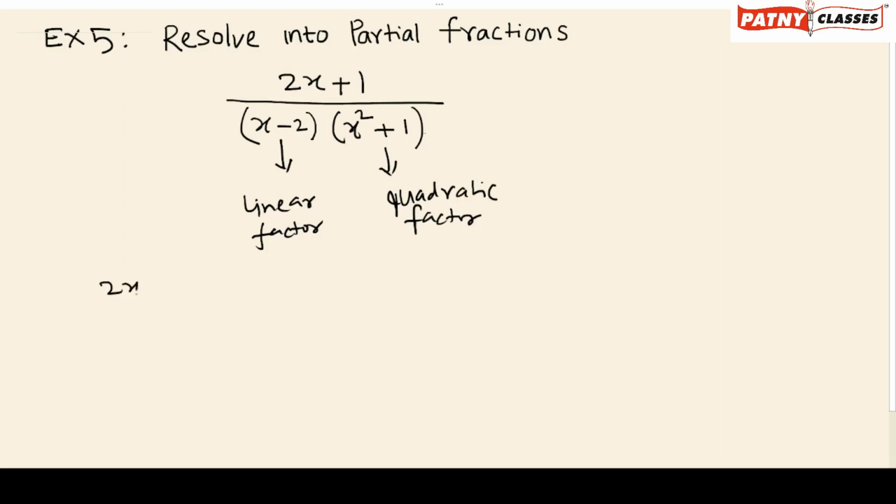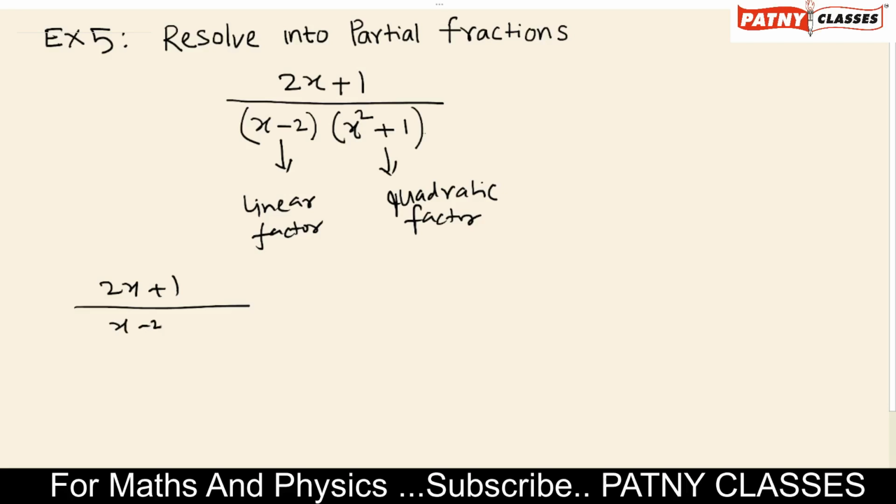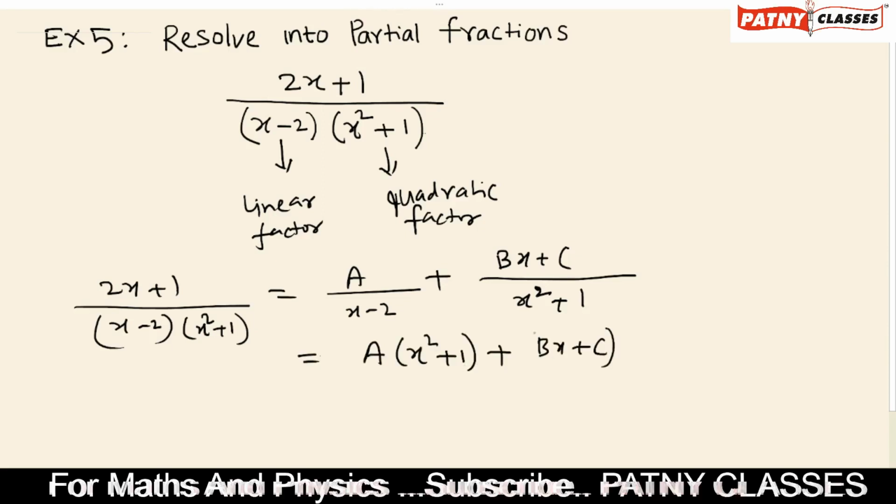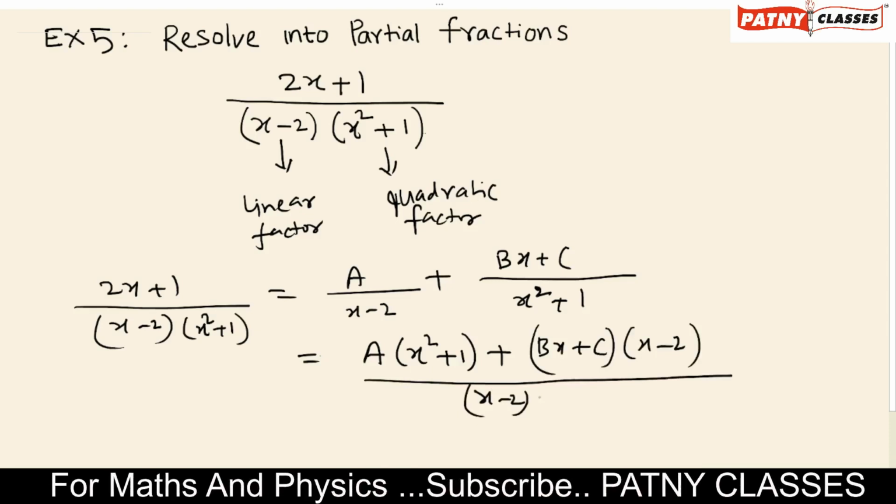Therefore, (2x plus 1) upon (x minus 2)(x square plus 1) equals a upon x minus 2 plus (bx plus c) upon x square plus 1, which equals a into (x square plus 1) plus (bx plus c) into (x minus 2) upon (x minus 2)(x square plus 1), and LHS was (2x plus 1) upon (x minus 2) and (x square plus 1).